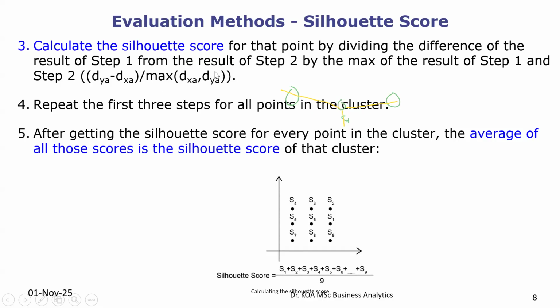The maximum distance is going to be bigger than between D, YA, and then XA. So the value is going to be 100%, basically. You calculate that silhouette score for each of all the points, okay? And then after that, you will average all of the scores to create what is known as the silhouette score. That's an example that you see here.